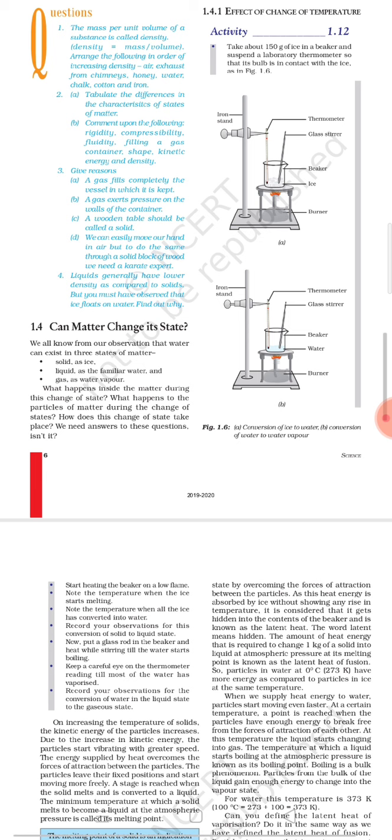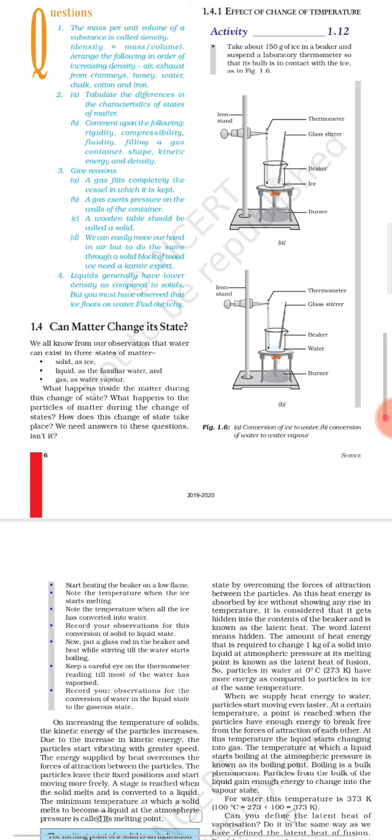Now in case of liquid, we discussed that liquids do not have their own shape. They take the shape of the container or jar in which they are kept, but they do have fixed volume. Next, liquids are fluid, or they show the property of fluidity, meaning they have a tendency to flow.